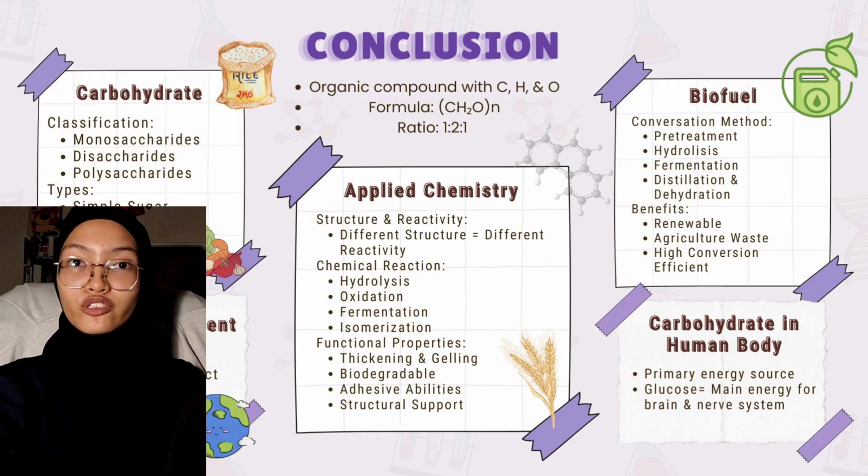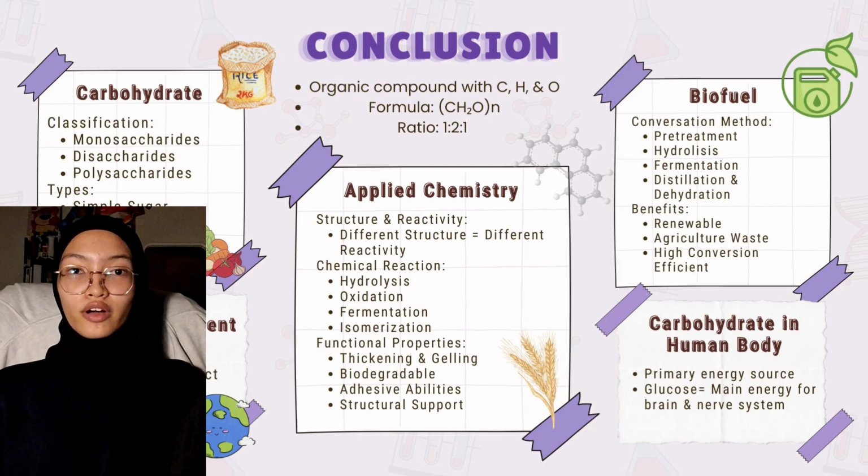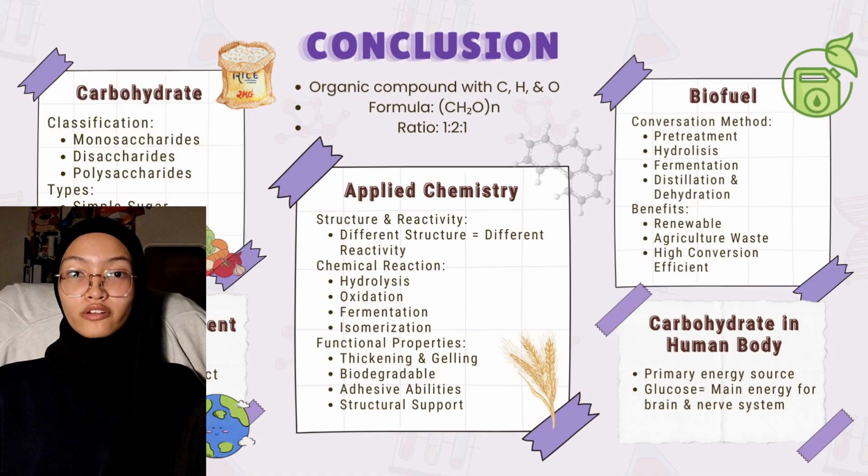Hello, my name is Nimarna, and my part is the conclusion. In conclusion, carbohydrates are organic compounds made of carbon, hydrogen, and oxygen, with the general formula of CH2O, with the ratio of 1:1:1 of carbon, hydrogen, and oxygen.